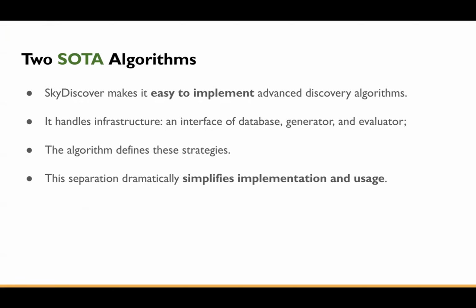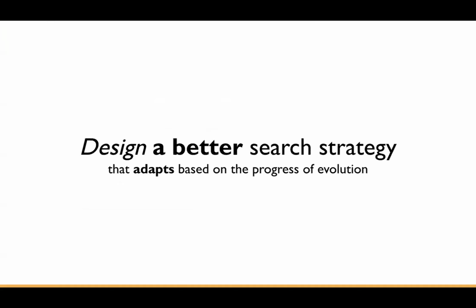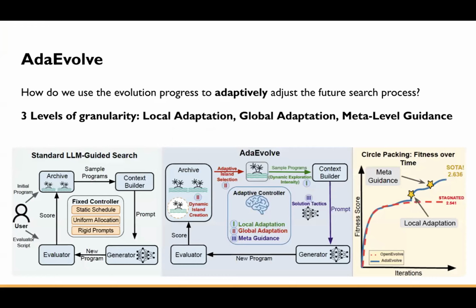For the first algorithm, we asked the question: how can we design a search strategy that adapts based on the progress of evolution? We introduced AdaEvolve, ADA standing for adaptive evolution. It adapts at three different levels of granularity: local adaptation, global adaptation, and meta-level guidance.